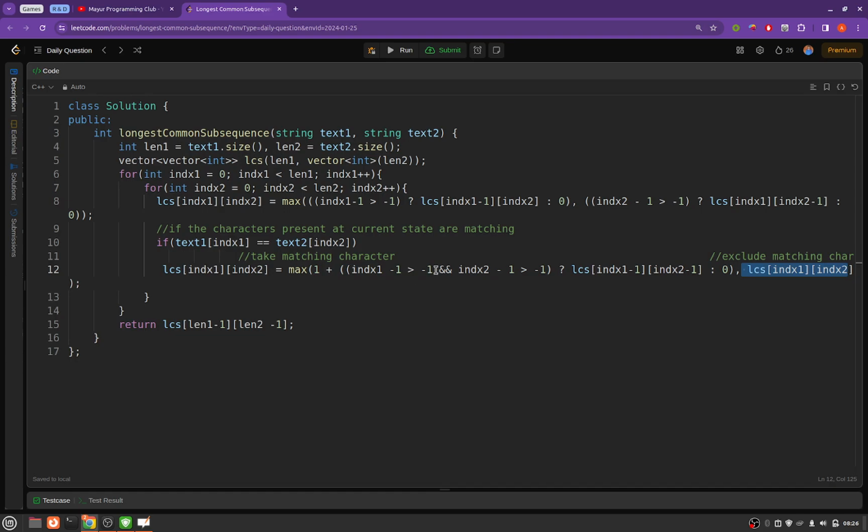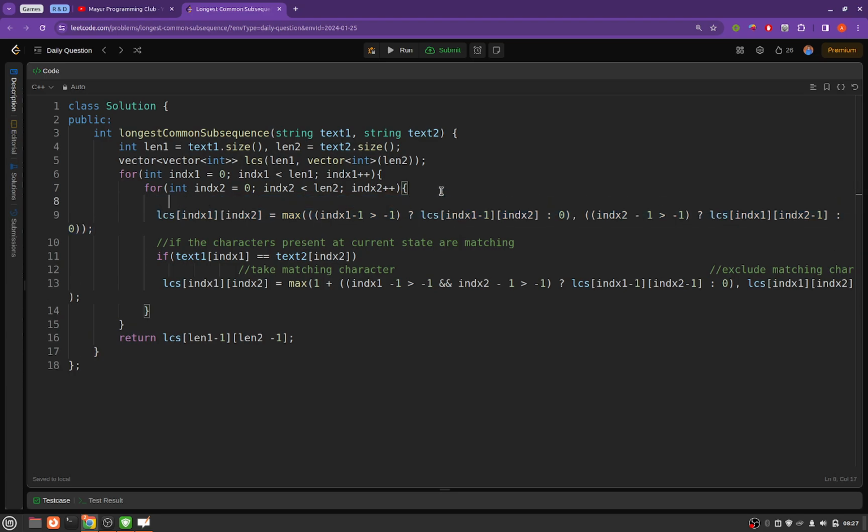If you ask what these statements are, these are nothing but the boundary checks that I have implemented. Since you will be taking index 1 minus 1, this value should be greater than minus 1 in order to fit in zero based indexing. You cannot have negative values here. And this will be the case when we are not having any matching character, or even if we are having a matching character, this case can be applied.